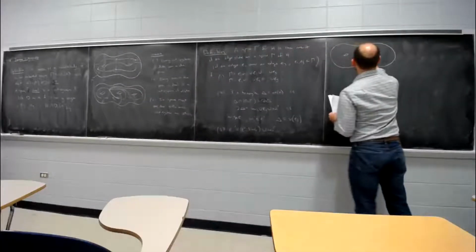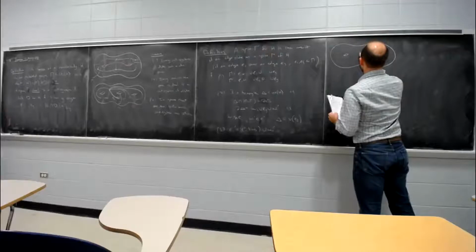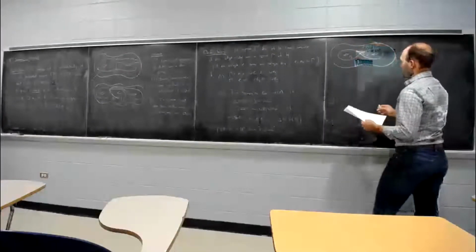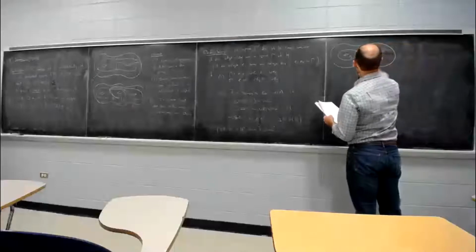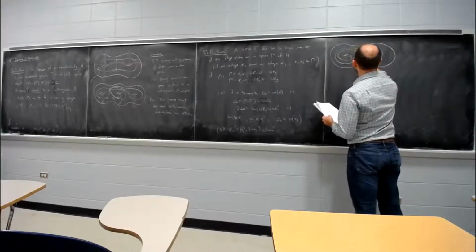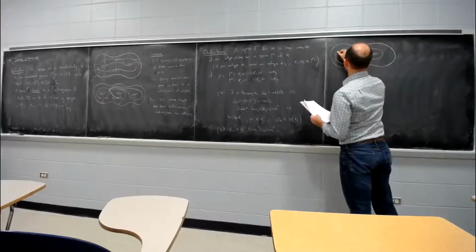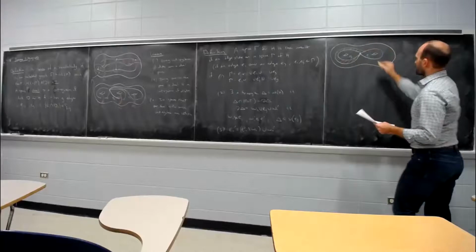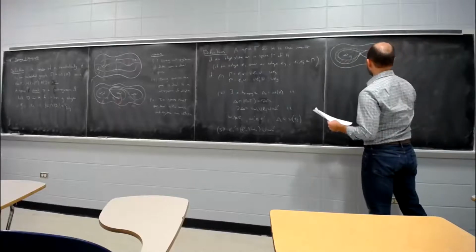So we have some parts. In this case, this is e sub j, this is e sub i. And we have this triangle, which looks something like this. Remember, this is meant to be supported in a neighborhood of e sub j.